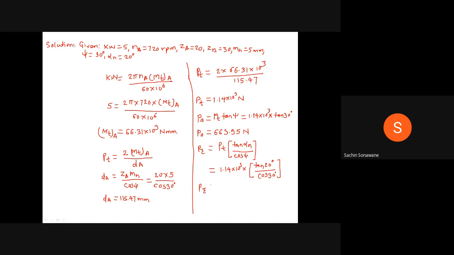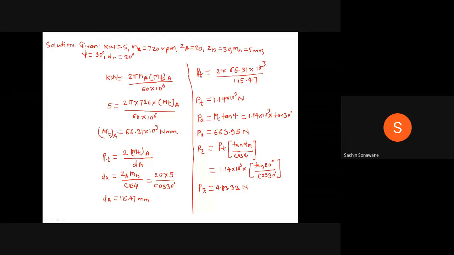Radial force PR is equal to 483.32 Newton.